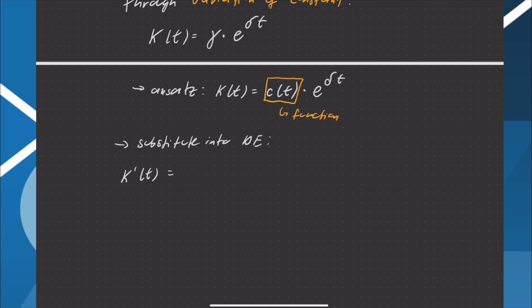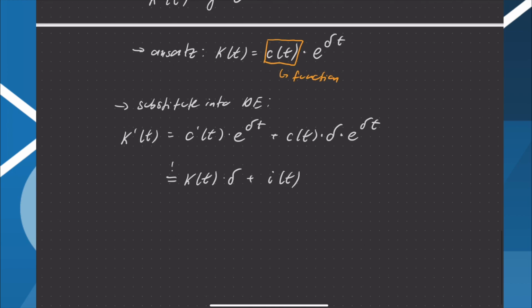Then we're using the product rule of differentiation. We get c prime of t times e to the delta t plus c of t times delta times e to the delta t. Okay, so that's k prime. And that needs to be the same as k times delta plus I of t.